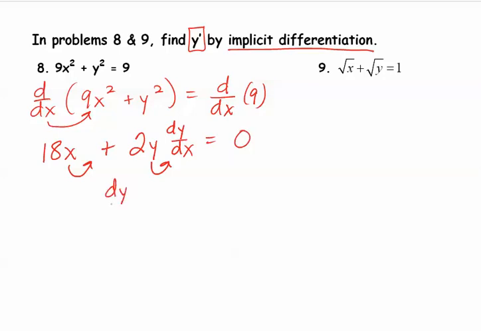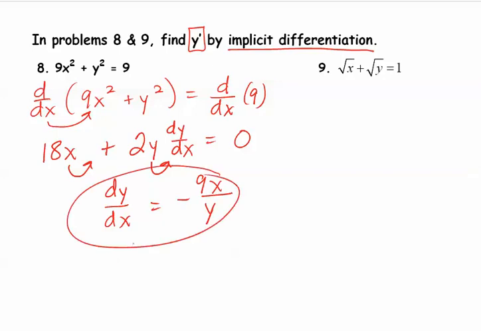So now we can solve this for dy dx. Move the 18x to the other side and divide it by 2y. So can I do that quickly? 18x over 2y, I can cancel to come up with this. Now if you wrote it as y prime, dy dx and y prime are interchangeable notations, so that fits the directions.